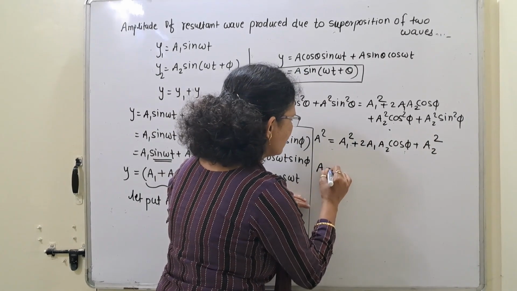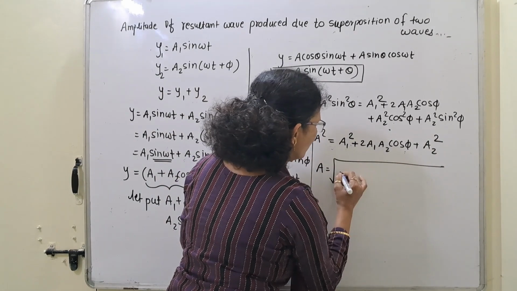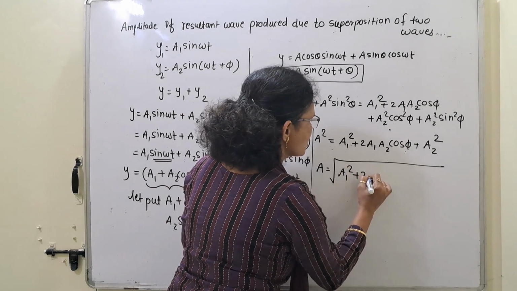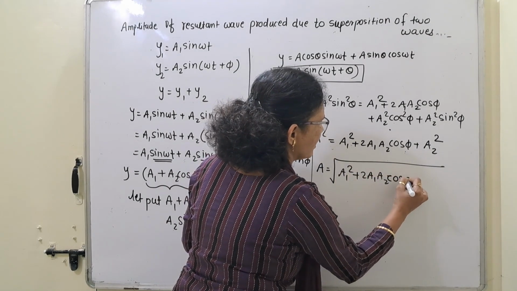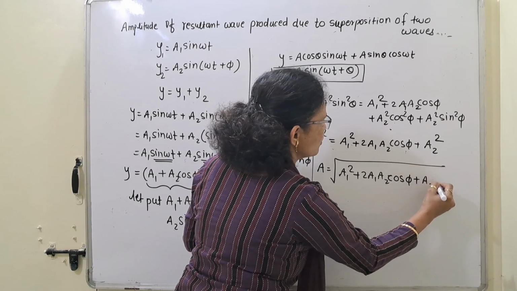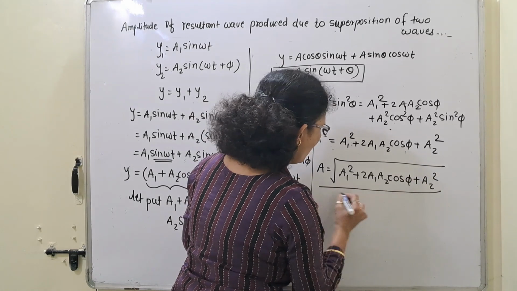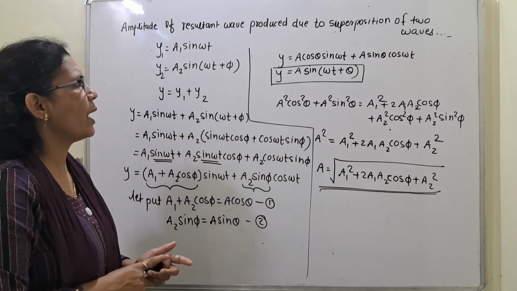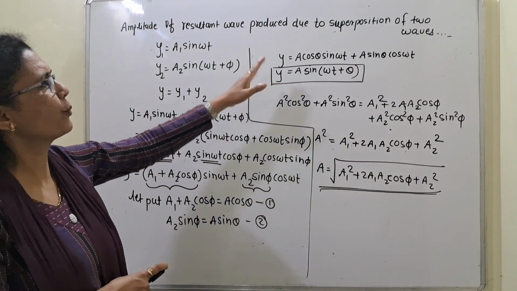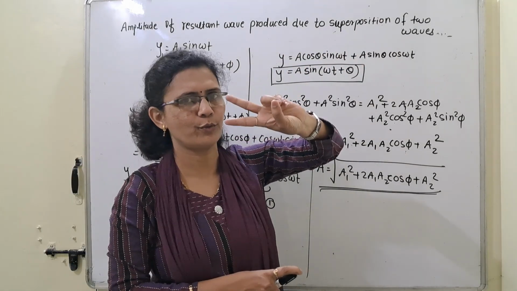Then what will be the resultant amplitude? A is equal to a1 square plus 2a1 a2 cos of phi plus a2 square, and this is the required value of resultant amplitude, or the amplitude of resultant wave produced due to superposition of two waves.